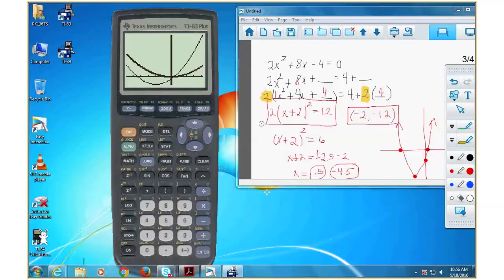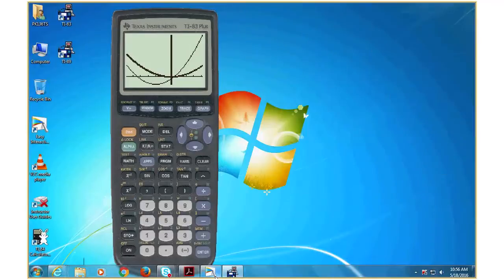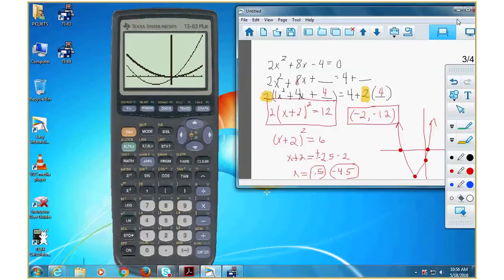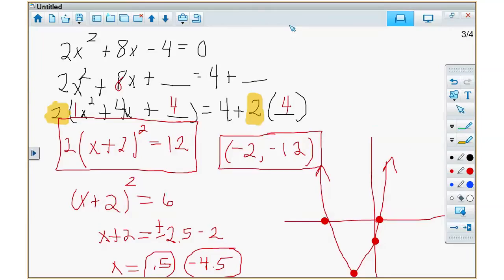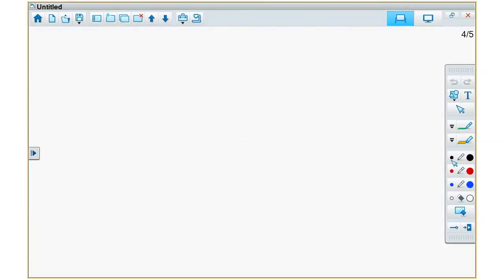Let's see if this works. Maybe that'll work. Maybe it was stuck in a loop. All right. Let's try this one.